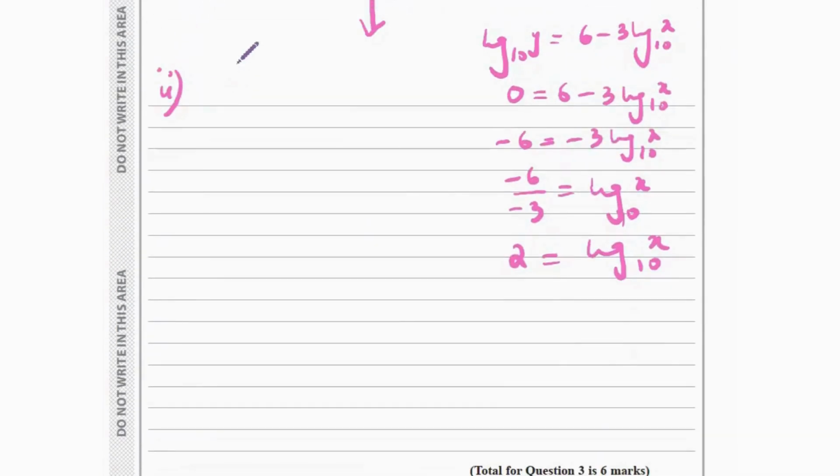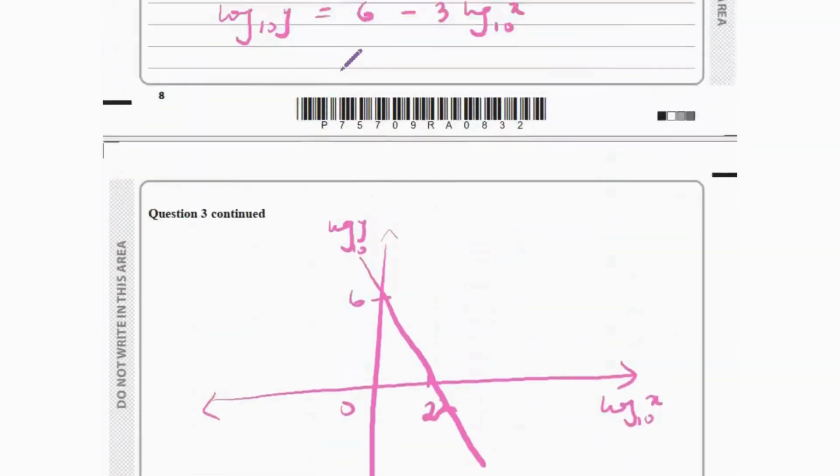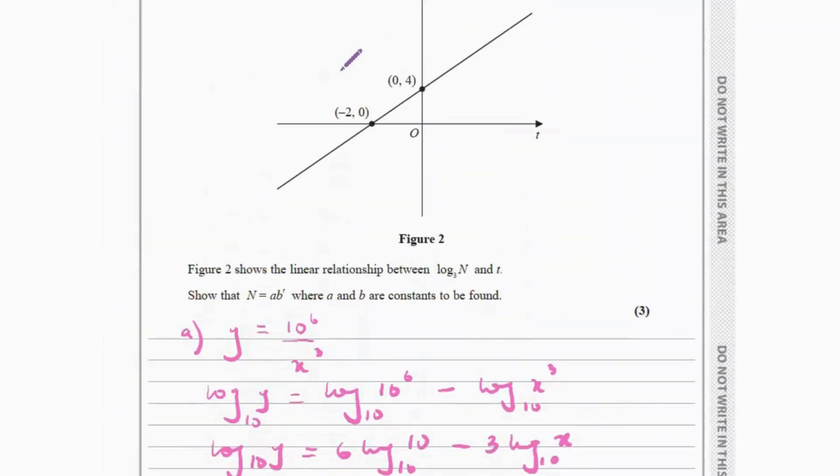We're going to begin with finding the gradient first. So m is going to be 4 minus 0 over 0 minus negative 2, which equals 2. We already have the y-intercept, which is given in the graph as 4.